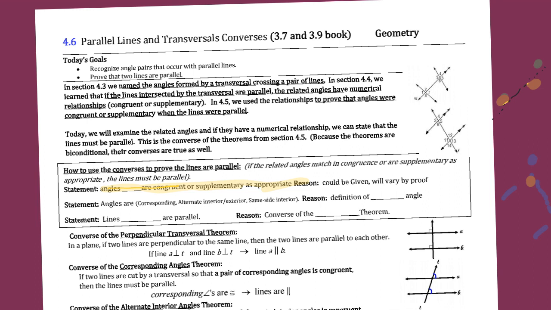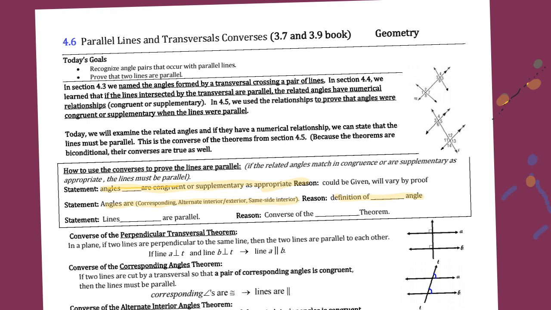So you start by talking about their congruence or supplementariness, and then you name them and say, hey, guess what? Those congruent angles are actually alternate interior angles. Those congruent angles are actually corresponding angles. And so you name them according to their relationship verbally, by definition of those angles. So you start by saying they're congruent or supplementary as appropriate.